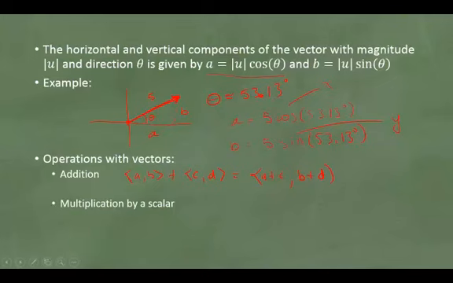If we want to multiply a vector a, b by some number c, some scalar number, then we just multiply the scalar on the inside. So we make everything c times bigger. So it should be a times c, b times c. So it makes the vector that much longer.